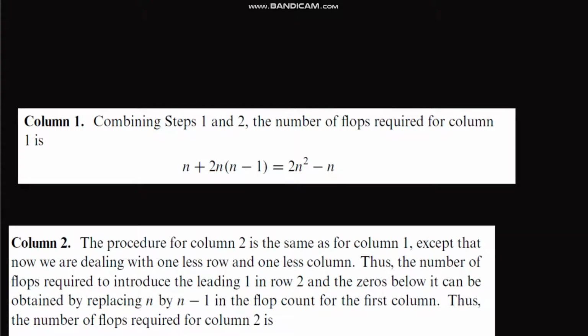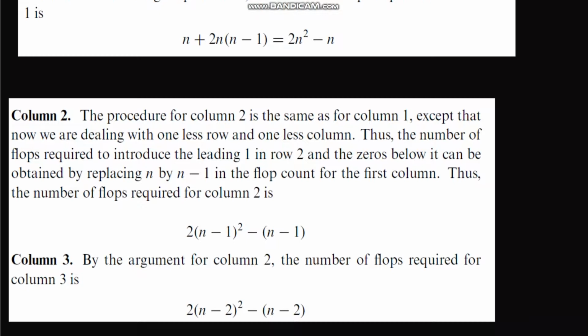Now we go to the column 2. Okay, now you have to focus here. The procedure for column 2 is same as the column 1, except that now we are dealing with one less row, okay, and one less column. The same procedure we have to repeat, but we have only one less row and one less column.